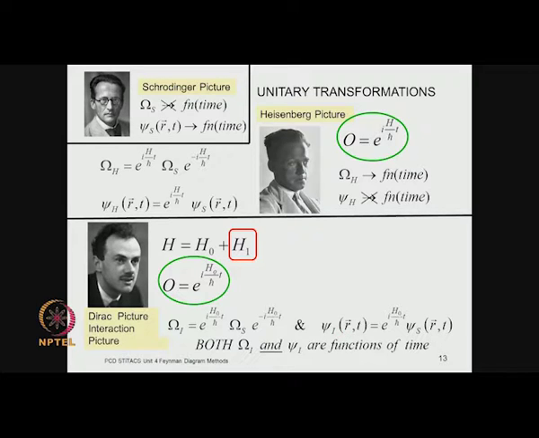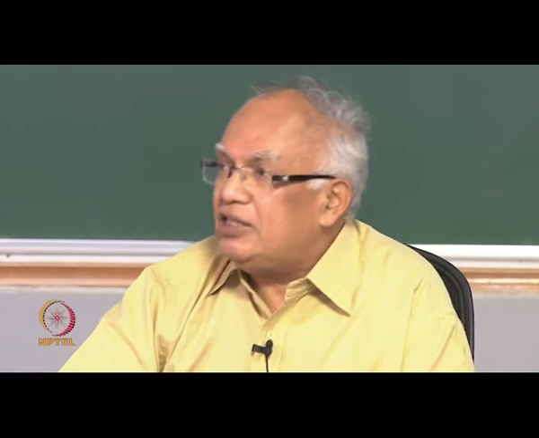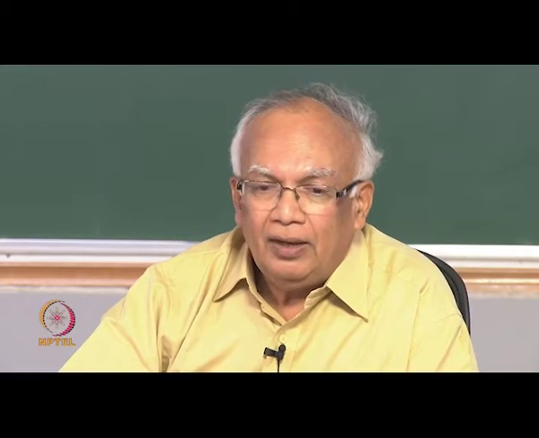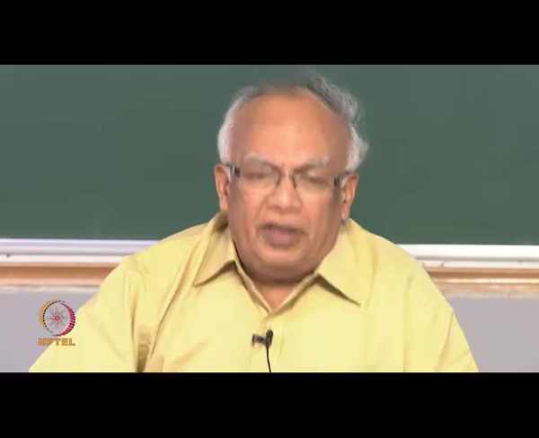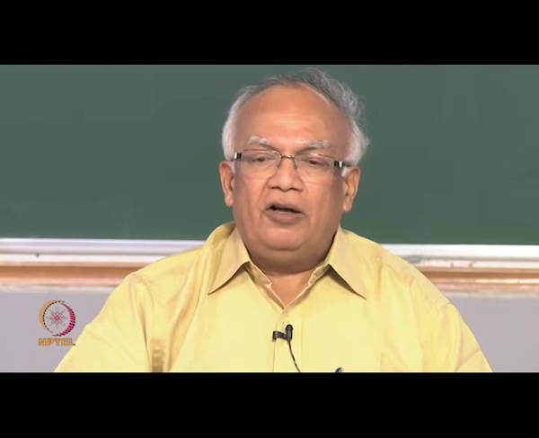In the Schrodinger picture only the wave functions depend on time, the operators do not. In the Heisenberg picture it is the operators which depend on time, but the wave functions do not, and in the interaction picture both depend on time, but the physics remains invariant. So, the important difference from the Heisenberg picture is that the transformation operator consists only of the soluble part of the Hamiltonian.